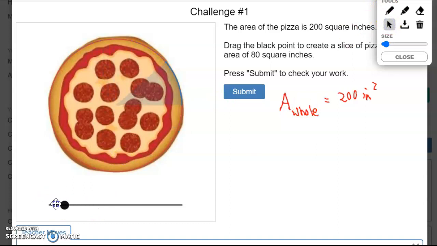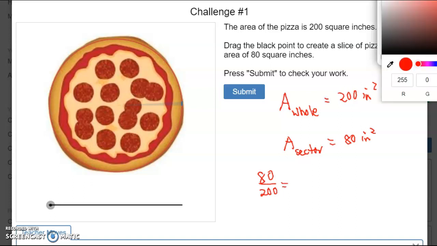I am dragging this and I want the portion or sector to be 80 square inches. So I am looking for 80 over 200 of the area.